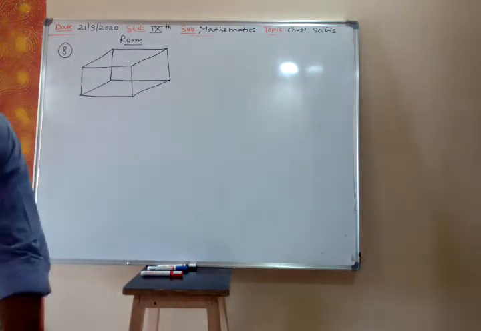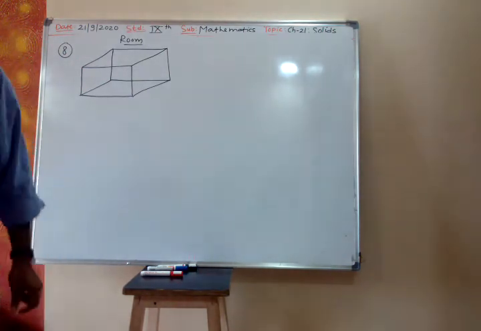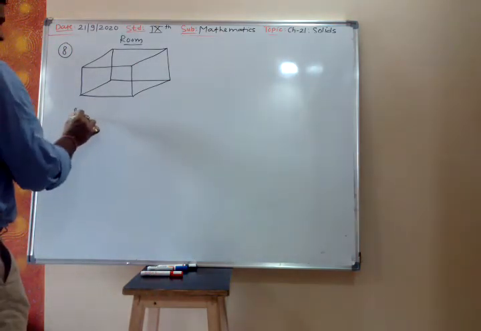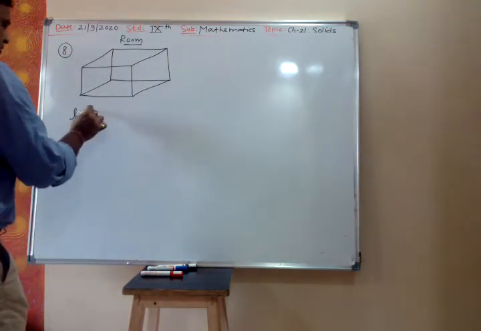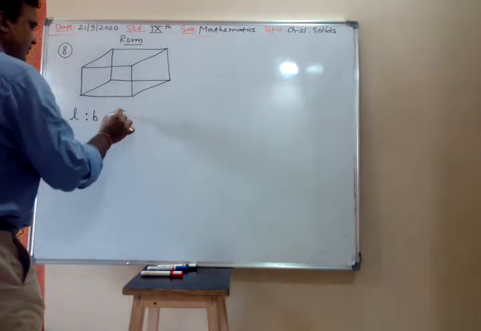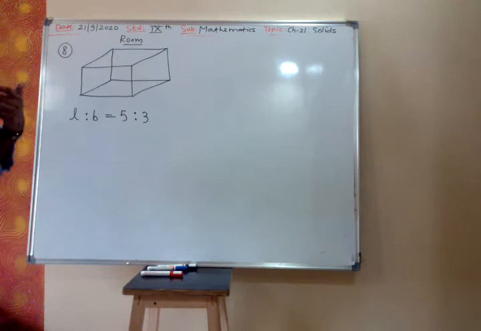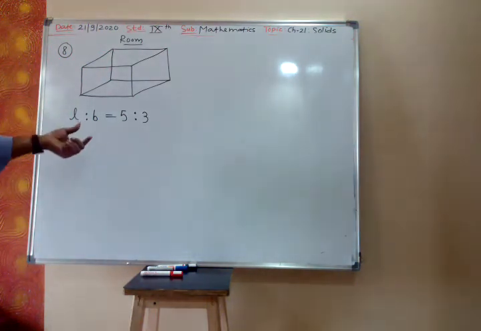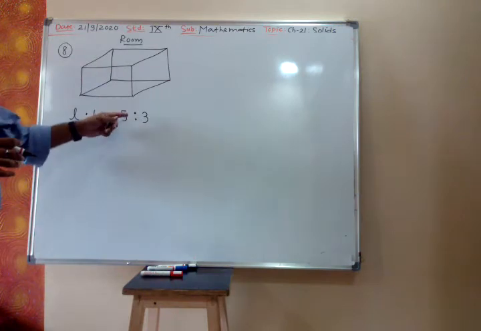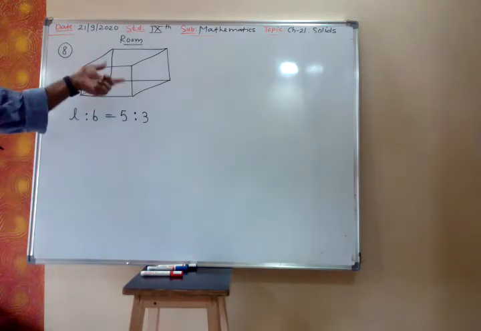The ratio of length and breadth is 5:3. So from the ratio, how do we get the length and breadth? We take the ratio numbers as common multiples of some number.